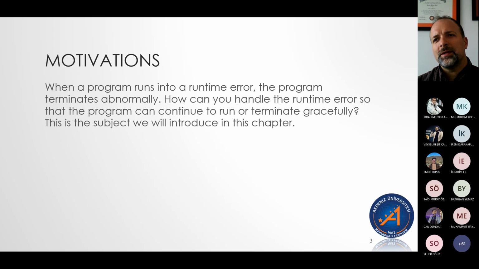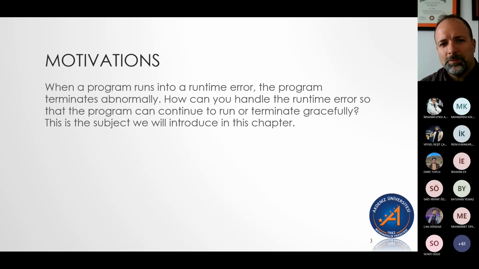Well, sometimes we want to be able to generate a runtime error. Most of the time in 101, when we encountered a runtime error, we said we have to figure out how to fix this and get rid of it. But there are times where we don't want the program to continue to run if there's some problem.